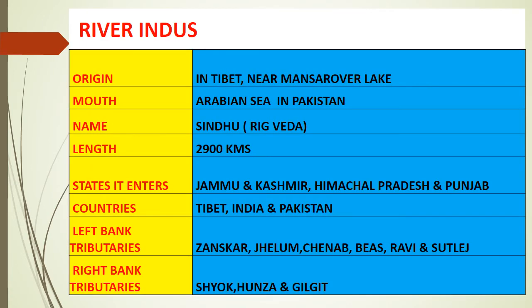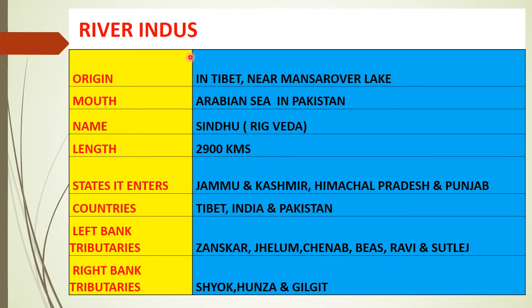So children, here are the quick facts about river Indus, and it will be easier for you to learn in this tabulated form. First let me tell you that river Indus is one of the longest rivers of the world. Okay, its origin is in Tibet near Mansarovar Lake, mouth is Arabian Sea in Pakistan.